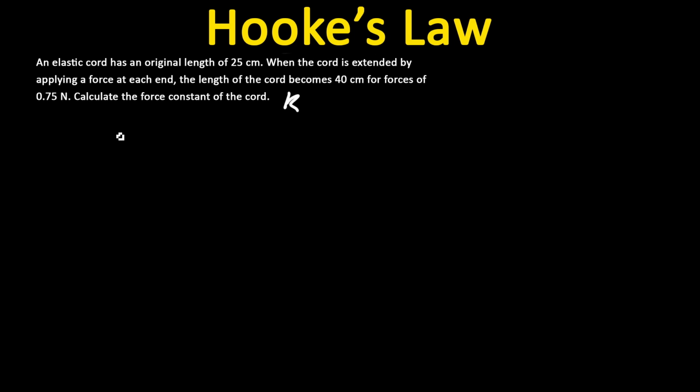So let's draw out a diagram of what this question is asking us. If we imagine this is the original length of the elastic cord with no mass at the bottom and no force applied to it, we get a length of 0.25 meters.